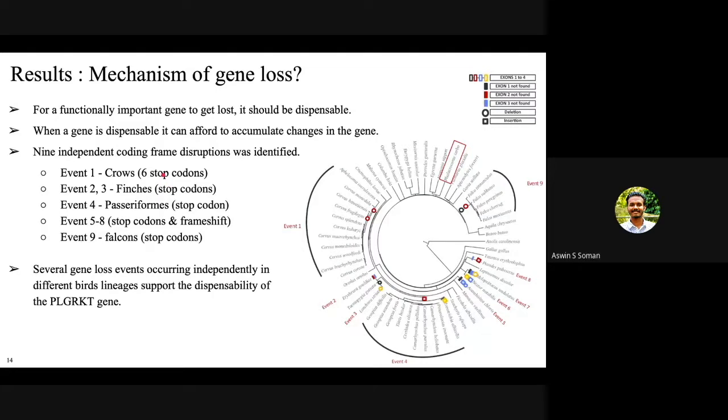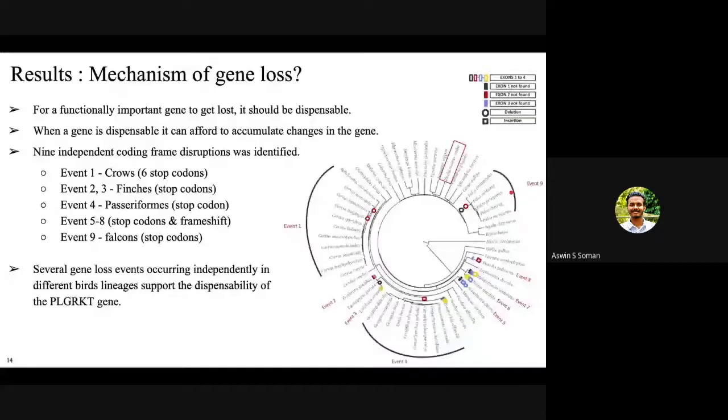Since it occurred early in the phylogeny, it is present in all of these 10 crow species. Similarly, events 2 and 3 occurred in finches. Event 4 occurred in 10 passeriform bird species. Events 5, 6, 7, and 8 occurred in different species such as woodrigger and flycatcher, and event 9 occurred in falcons.